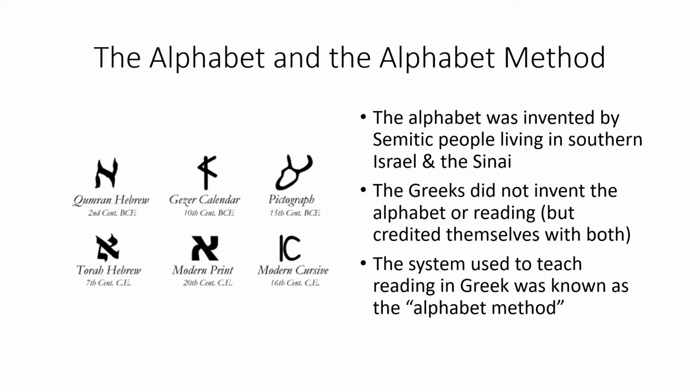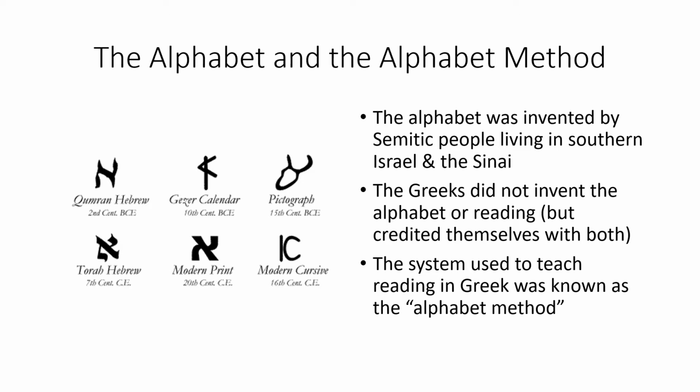The alphabet was invented by Semitic people living in the southern part of Israel and in the Sinai Peninsula thousands of years before Greek writing came into being. But the system that the Greeks used to teach reading became known as the alphabet method, and while I'm skeptical that they invented it, they were certainly the first to document it.